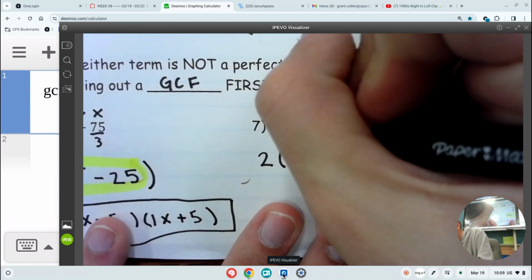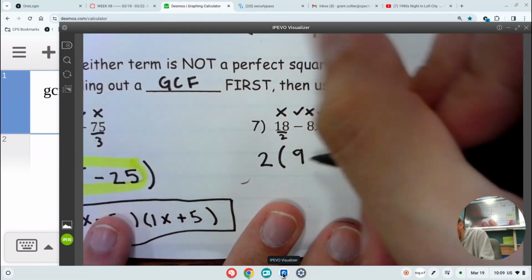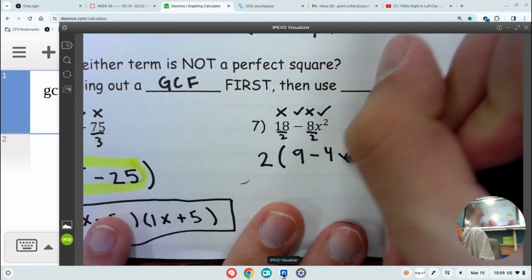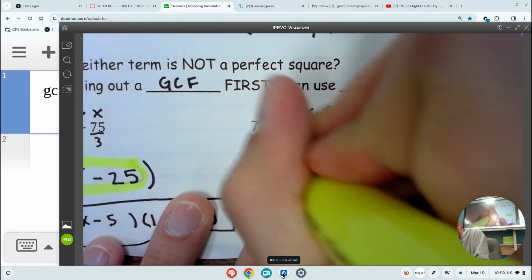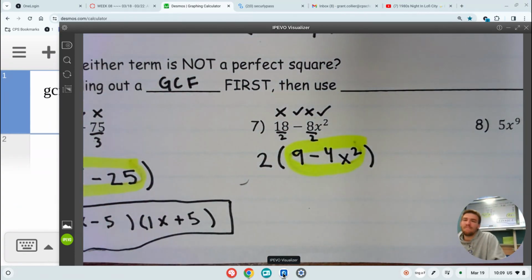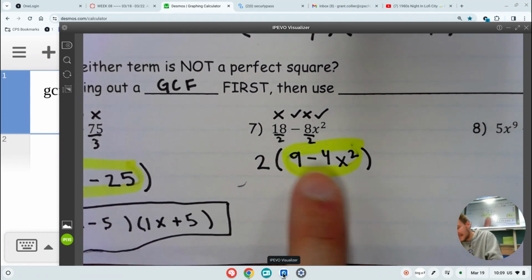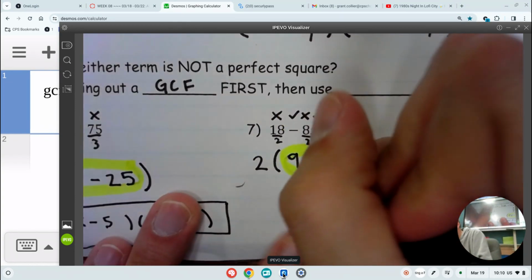What is 18 divided by 2? 9. What is 8 divided by 2? 4. And now, look at what we have left. Now, this is looking excellent. 9, yes. Minus, yes. 4, yes. X squared, yes. So now, split it.